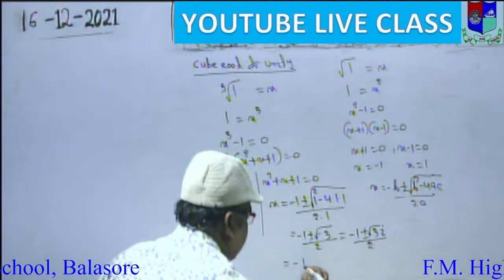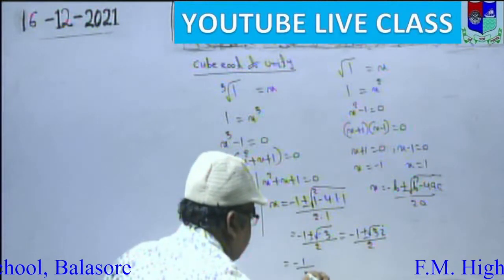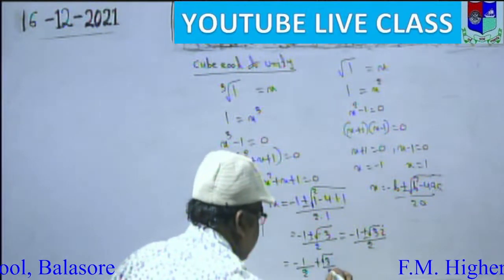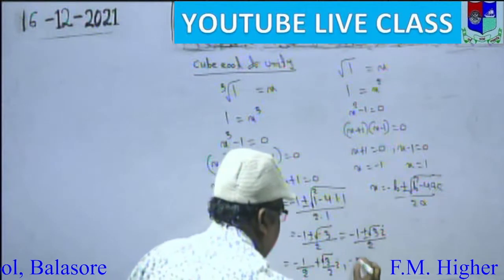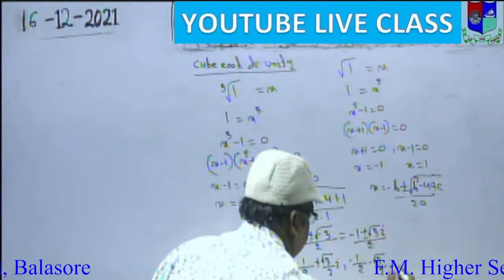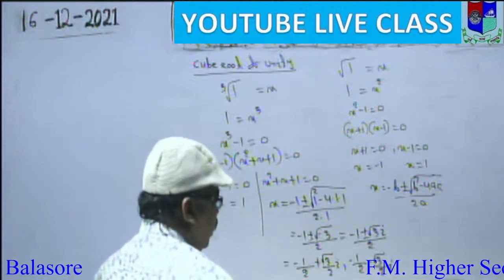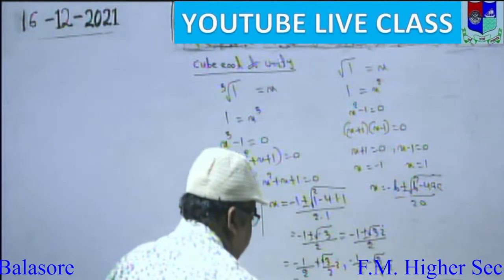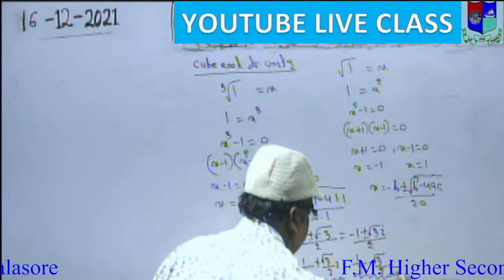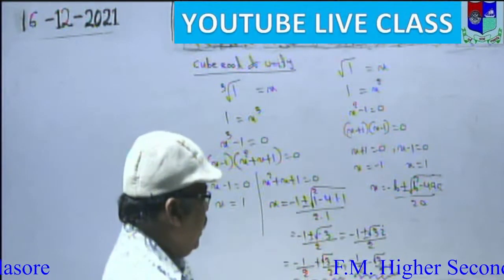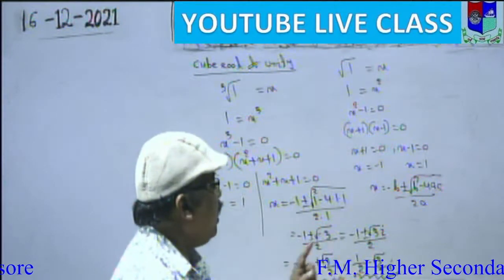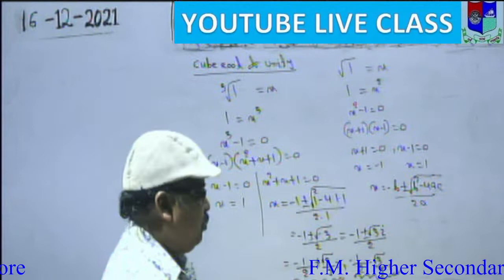Now this can be written as one is minus 1 by 2 plus root 3 by 2 into i, and the other is minus 1 by 2 minus root 3 by 2 into i. So we find these two roots are complex numbers, or we say it is a real root and these two are imaginary roots.